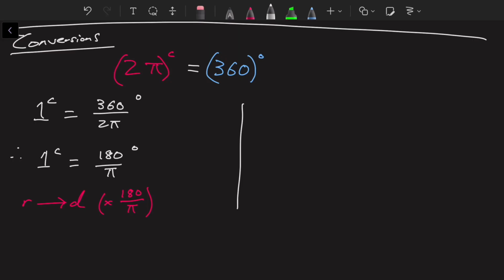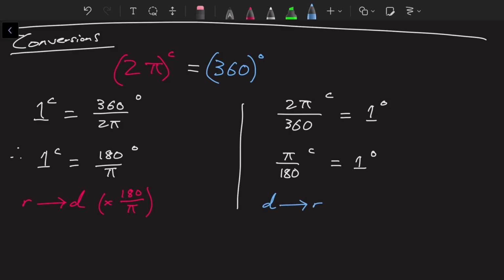So usually we do it the other way and we say 2 pi divided by 360 radians is equal to 1 degree, which means that pi over 180 radians is equal to 1 degree. And what that tells us, probably more importantly, is that when we want to go from degrees to radians, we need to multiply by pi on 180. Okay? Super, super, super important.